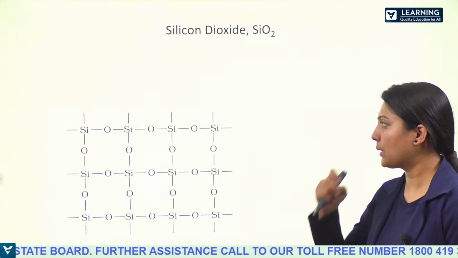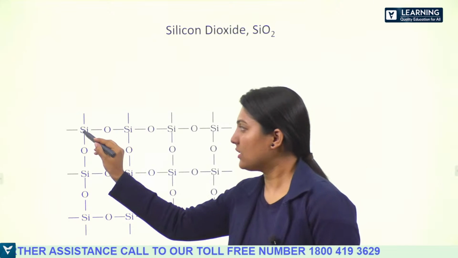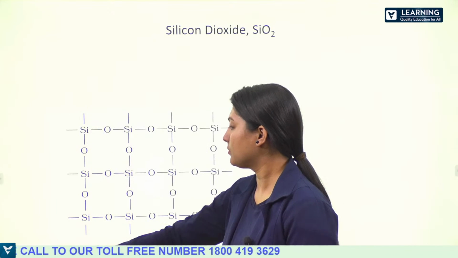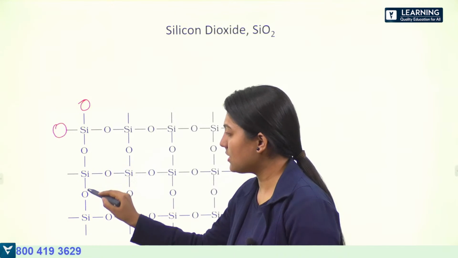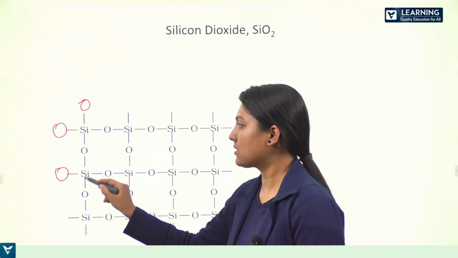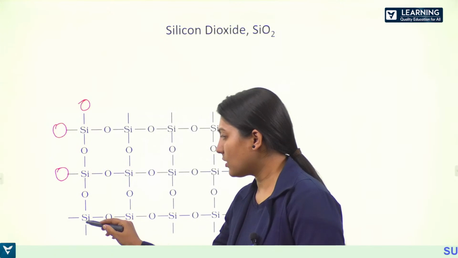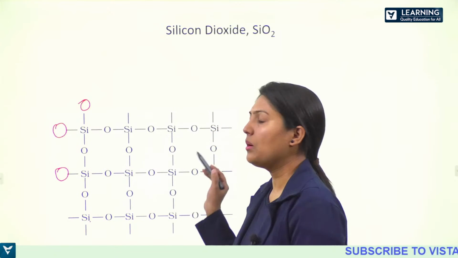Each silicon, you can see, has four oxygen atoms here, and this oxygen is linked to this silicon, which is in turn linked with four oxygens. So it will be a pattern.